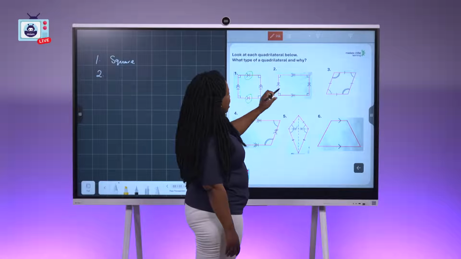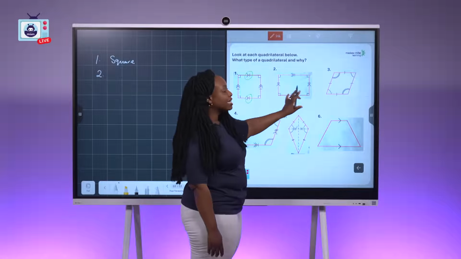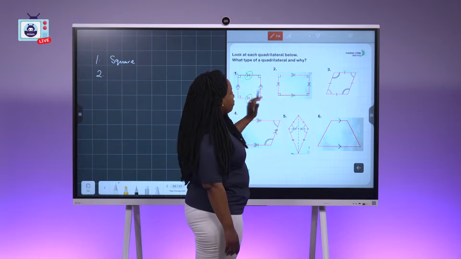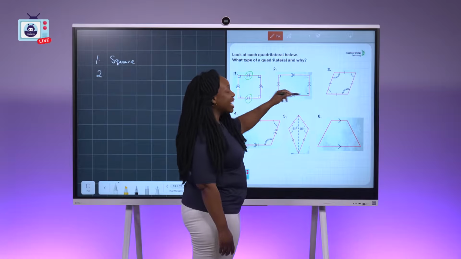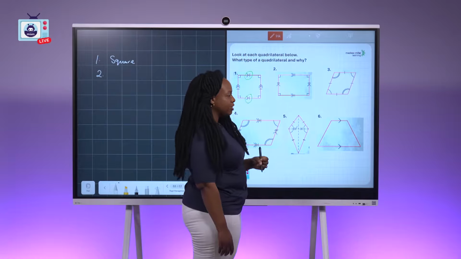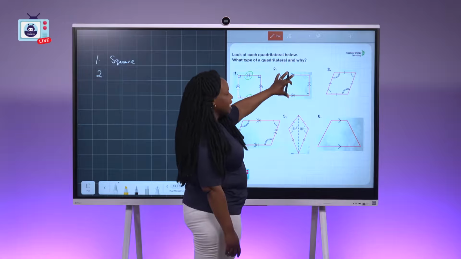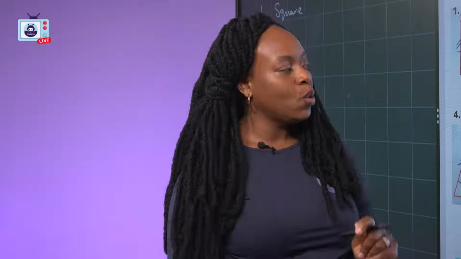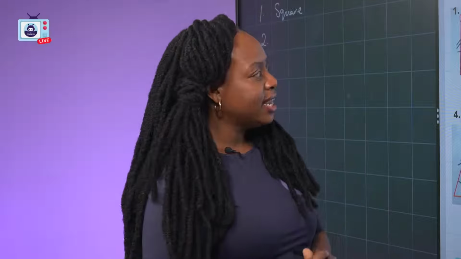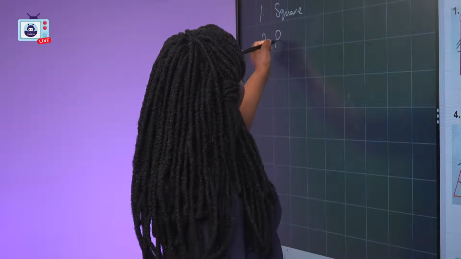But what is different from the square is that not all sides are equal as the square has. It's just that the opposite sides are equal. You see the difference? Square, all sides are equal, while this second one, opposite sides are equal, and we call that a rectangle. So that is our rectangle.